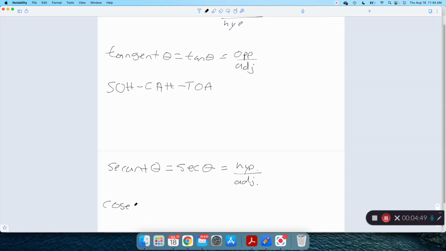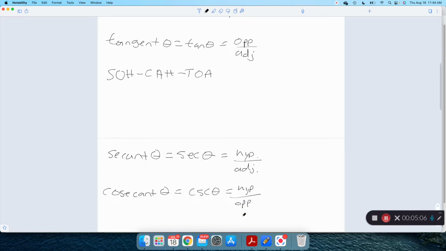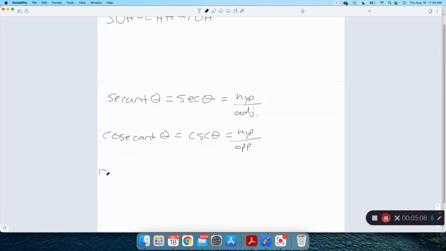Cosecant of any angle theta, csc of theta, is the length of the hypotenuse divided by the length of the opposite side. And then cotangent of theta, abbreviated cot, is adjacent divided by opposite.